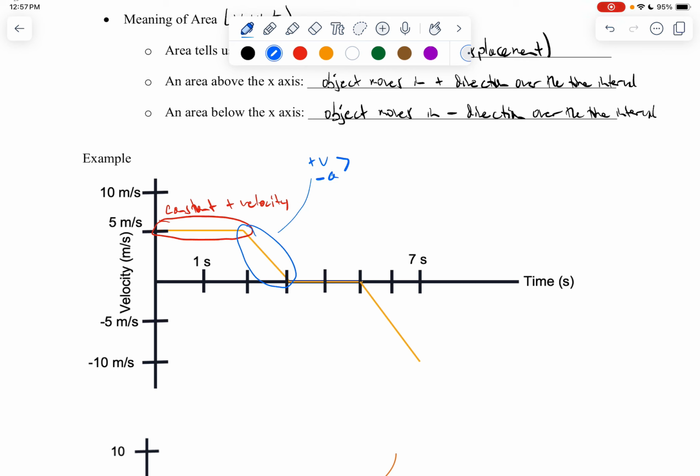So if we have negative acceleration, but we're moving in the forward direction, basically what this means is that we are going to be slowing down while moving to the right, so moving in our positive direction.